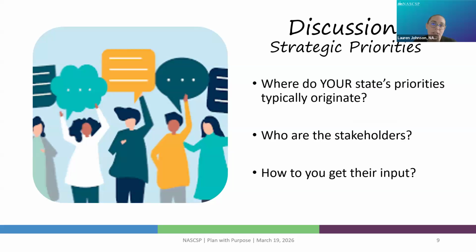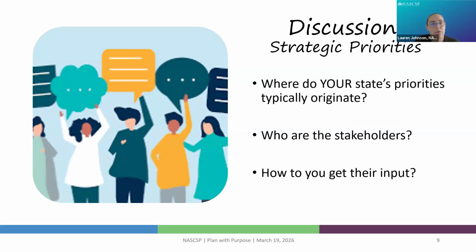But we wanted to open up discussion to you all to identify where you're getting some of your strategic priorities. Where do your priorities typically originate from? Again, we said CNAs, but are there other places? Who are your typical stakeholders?